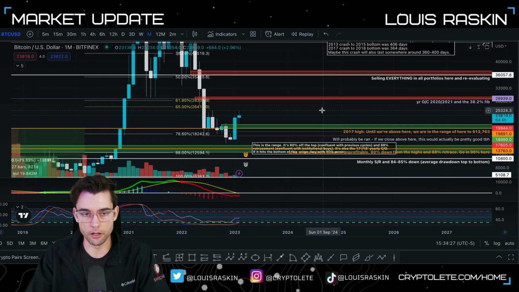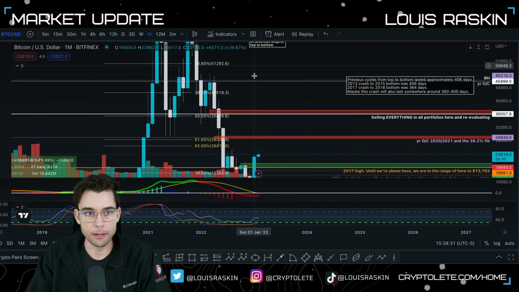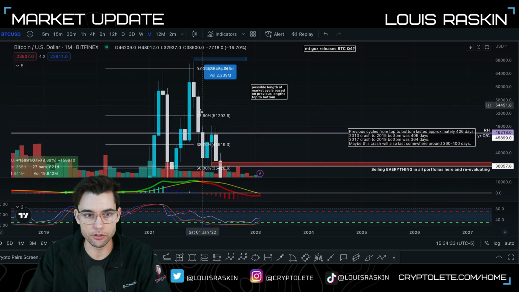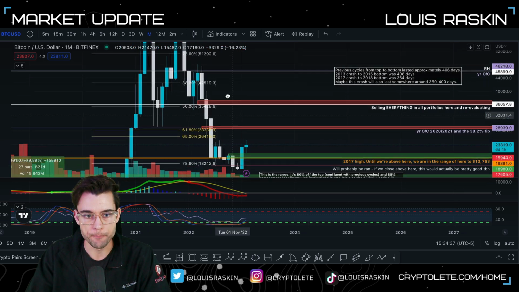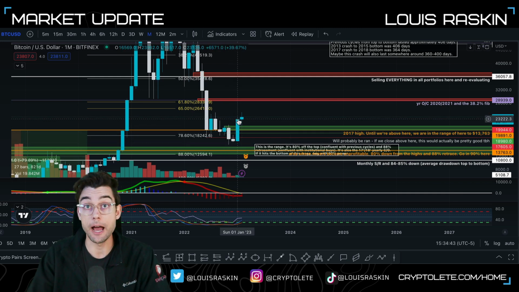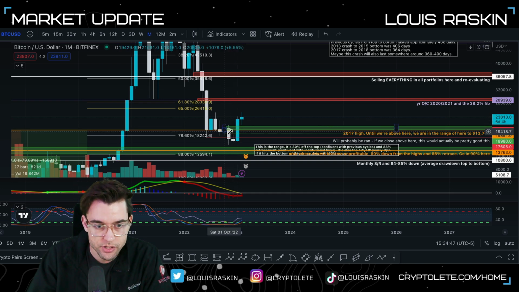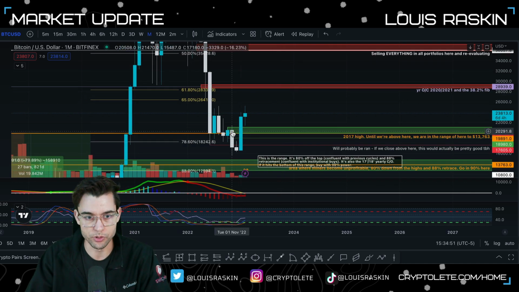What I'm looking at on the monthly chart is the fact that we kept on going down from the highs. We went down, made a lower high, went down, made a lower high, went down, made a lower high, went down. And now after January ended, we actually made a higher high compared to the previous swing high on the monthly chart, which was right here, right?